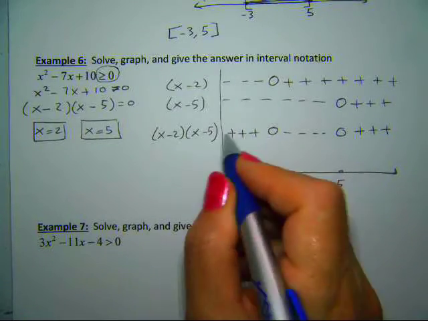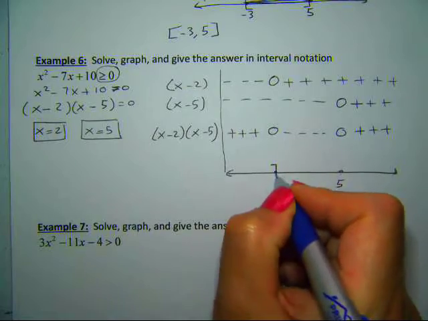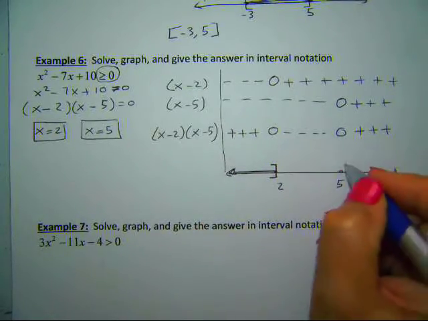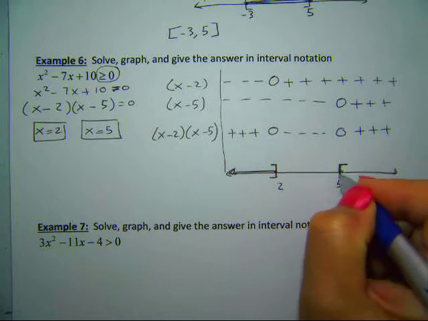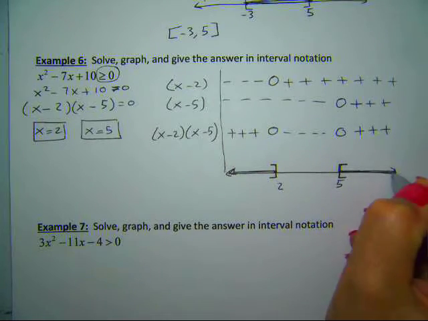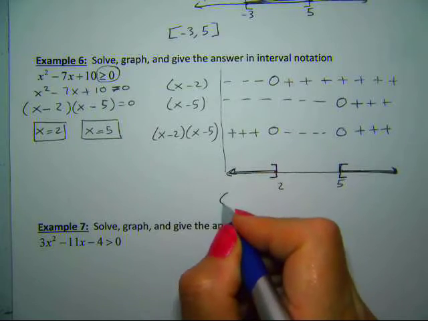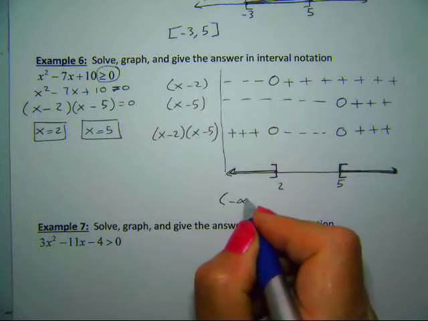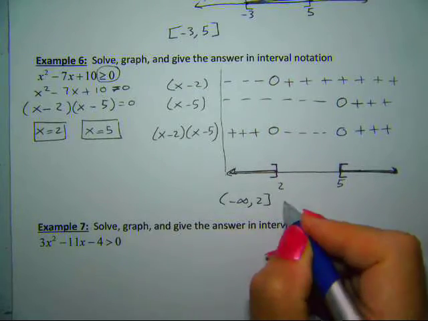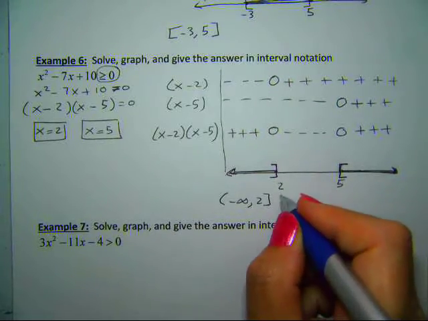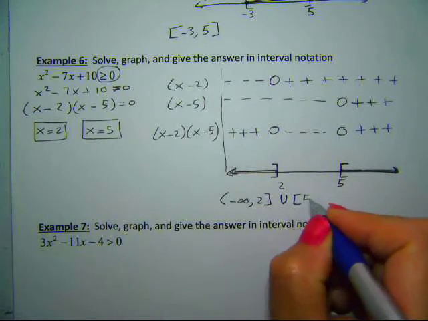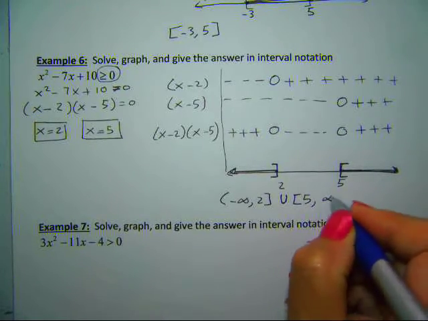I see positive this way and 0, so I need to take this number and go all the way. So now my interval notation is from negative infinity to 2. And when we have two intervals, we put a big U and then closed 5 to infinity.